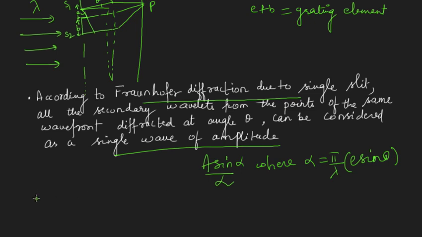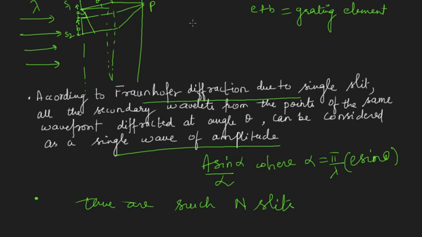Now, I have n such slits, and from each slit I will get a diffracted parallel ray. So what is left in order to find the resultant intensity at P?